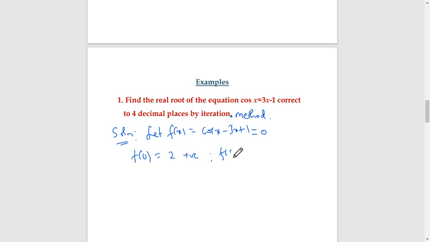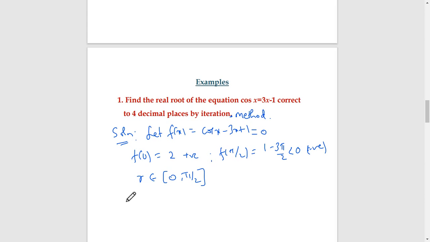So let me check f of pi by 2. Cos pi by 2 is 0, and this is 1 minus 3 pi by 2, which will always be negative, because 1 minus 1.5 is less than 0. So that means there exists at least one root in the interval. So the root exists in the interval 0 comma pi by 2.